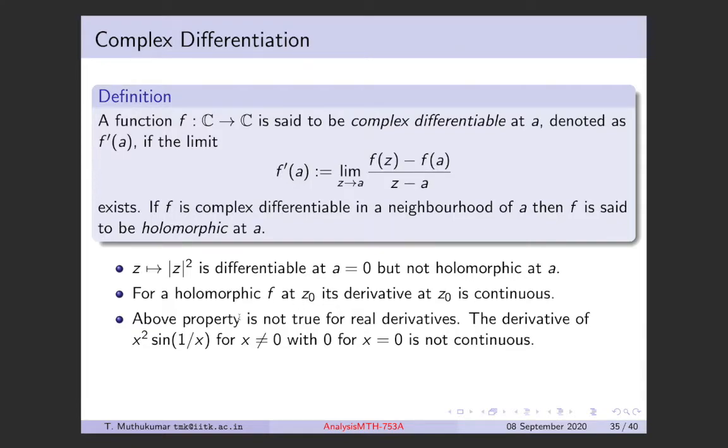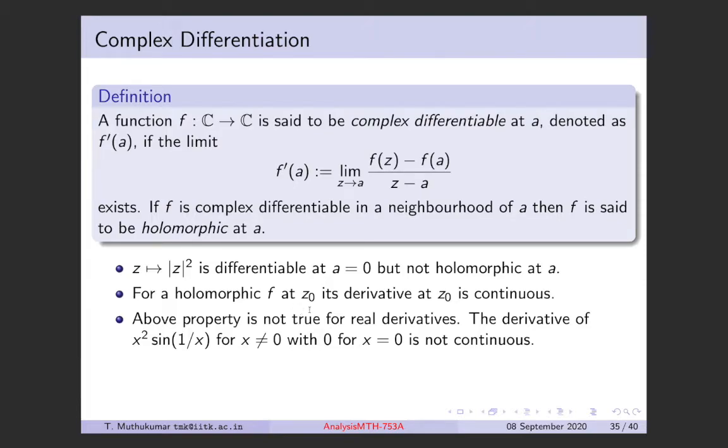Now, as I said, this is not true for real derivatives. Complex numbers, complex functions and differentiation form a much more restrictive setting. It only captures very special cases, very nice situations which we see in R as analytic functions. All these holomorphic functions correspond to analytic functions. But in the real case, the derivative is not continuous.